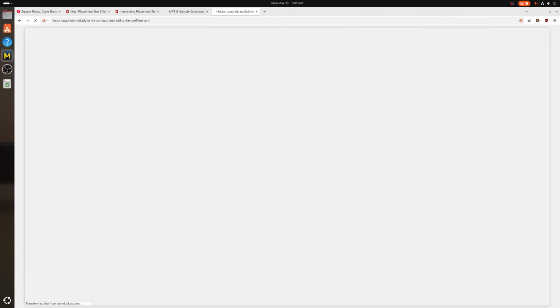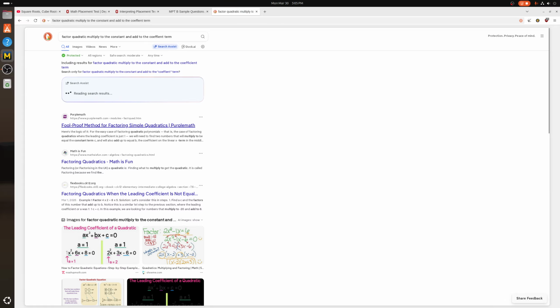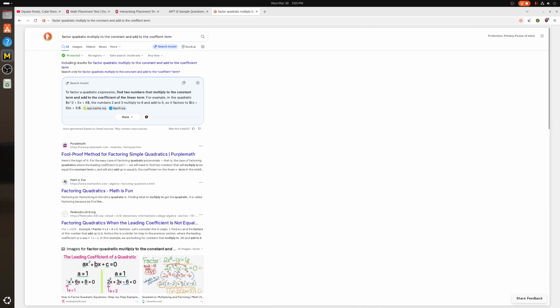Coefficient term. Yeah, give me an example here, man. I needed an example. So, find two numbers that multiply to the constant term and add to the coefficient of the linear term. For example, in the quadratic, two numbers, 2 and 3, multiply to 6 and add to 5.